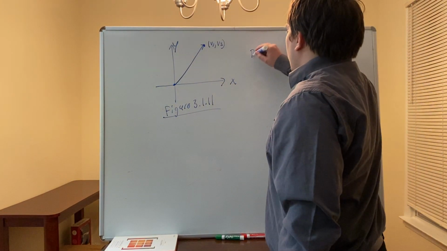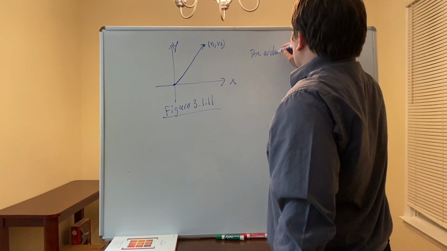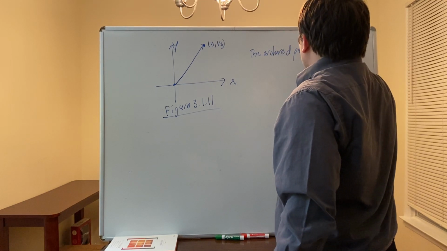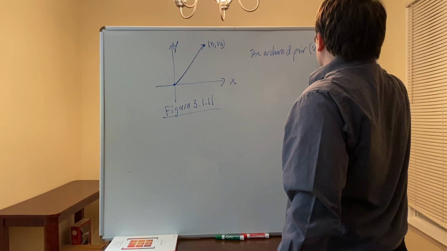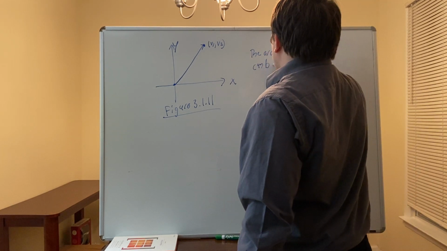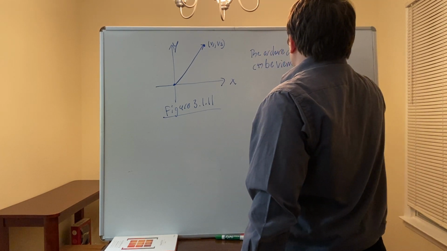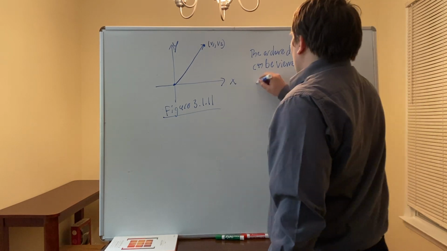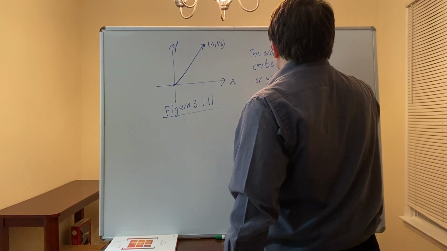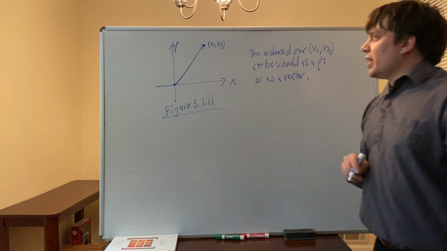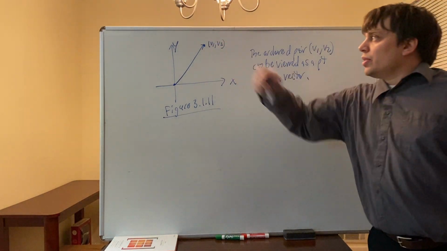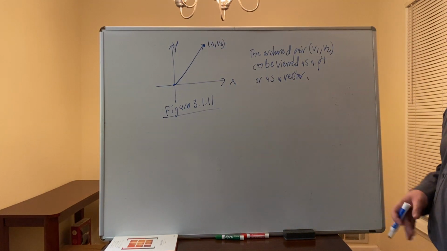Then the ordered pair v1, v2 can be viewed as a point or as a vector.